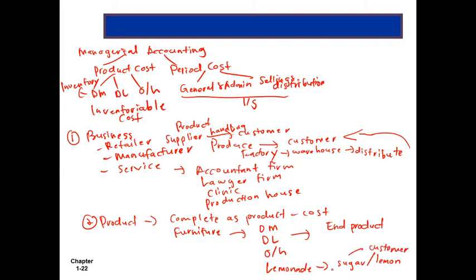But there will be extra costs, such as your seller, and maybe your employee. So you have to pay for labor, for those who make this very refreshing lemonade for your precious customer.